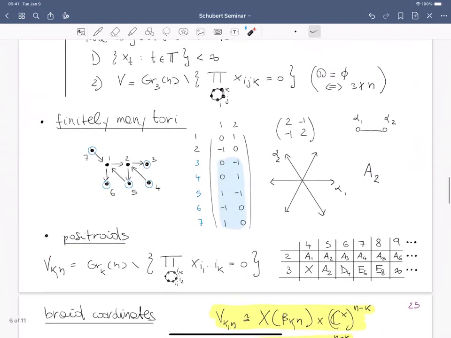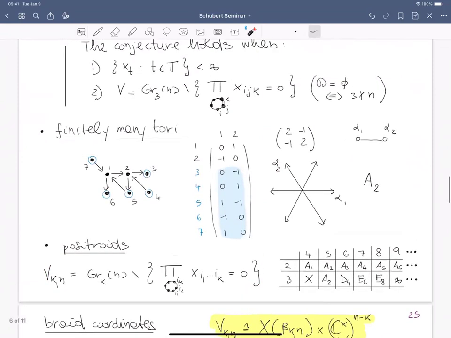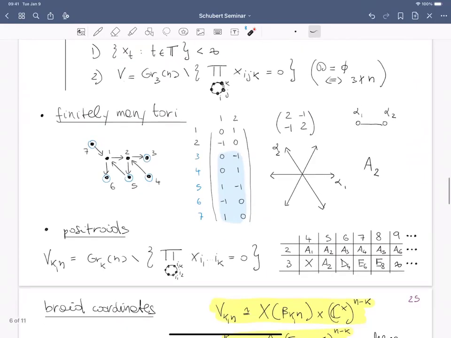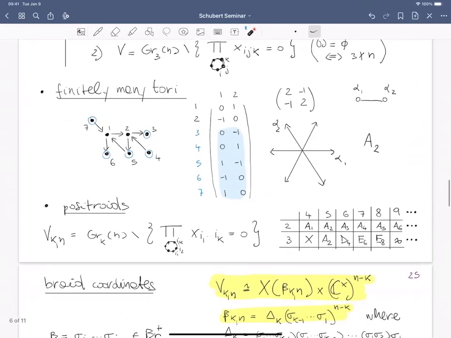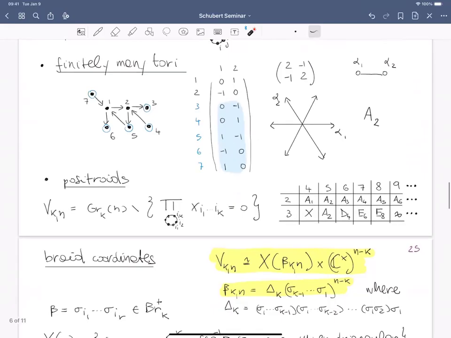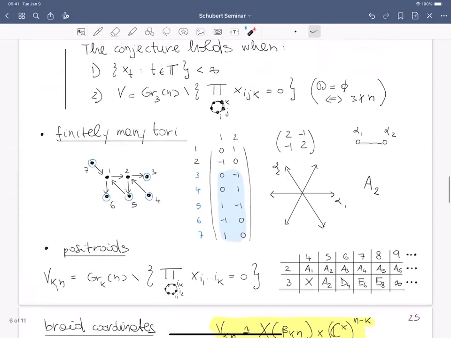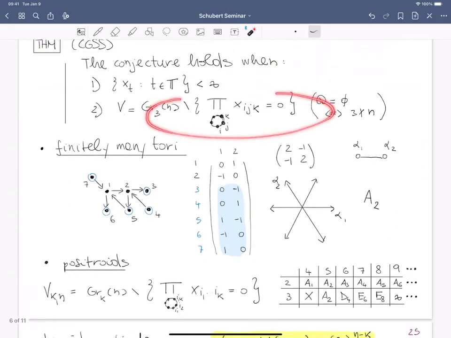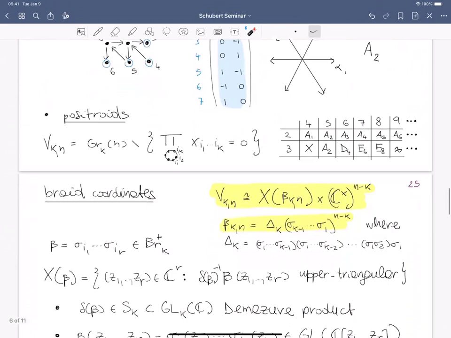When I take k equal 2, that will be relevant for our proof of 1, which also extends away from type A to types A, D, E, because those are the simply-laced finite type ones. However, I'm only going to explain it in type 2n, in type A. And if you take k equal 3, then I will be talking about the second part of the theorem.